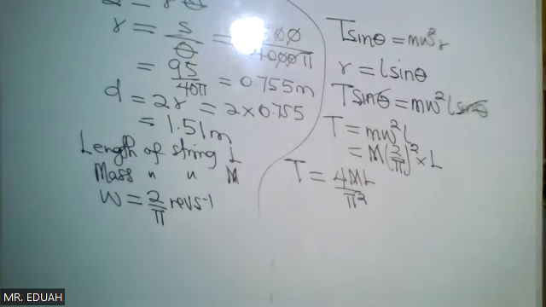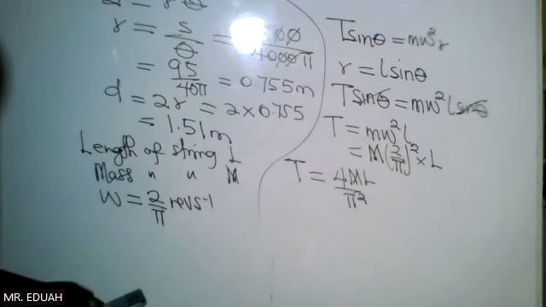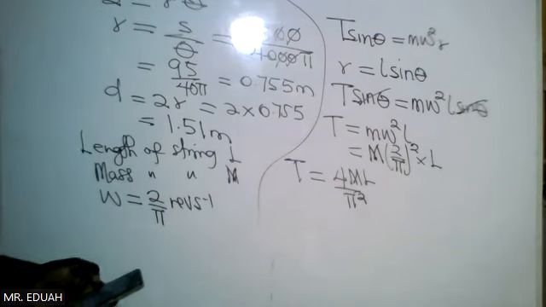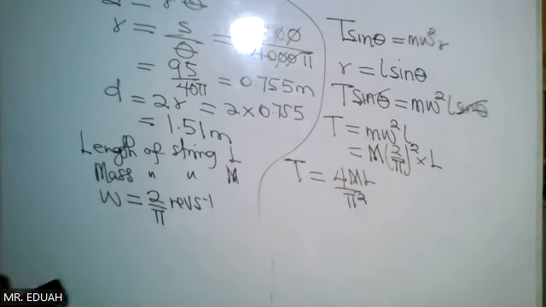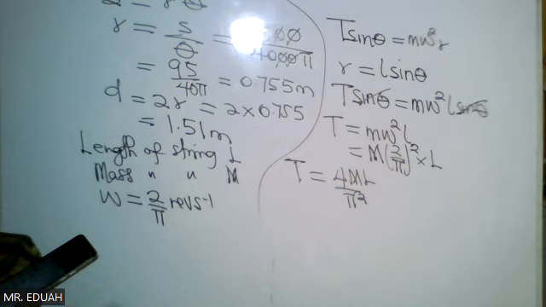This will be the tension within the string. Here we are not converting because other variables are not given. We don't have the real values of these variables.